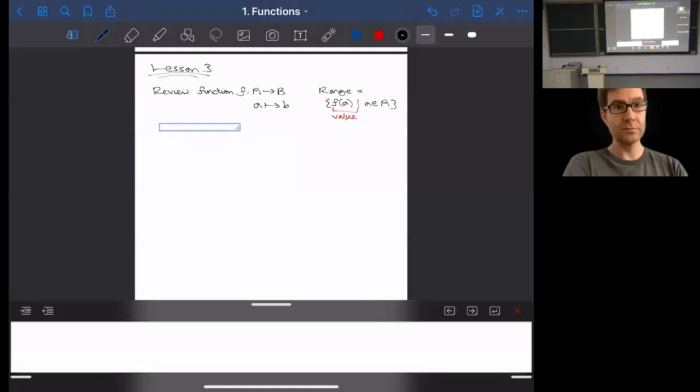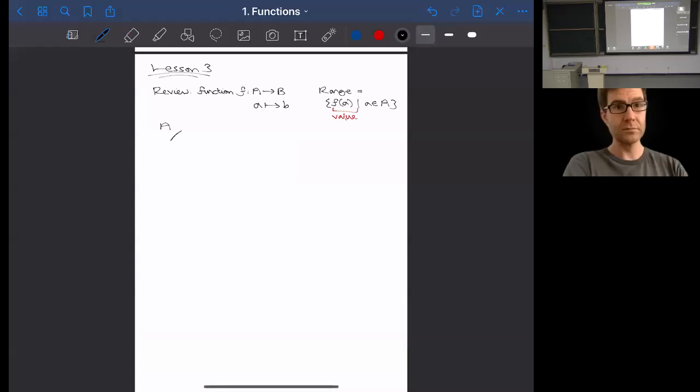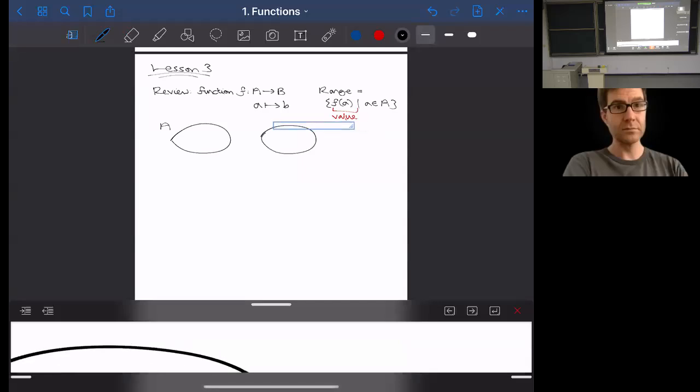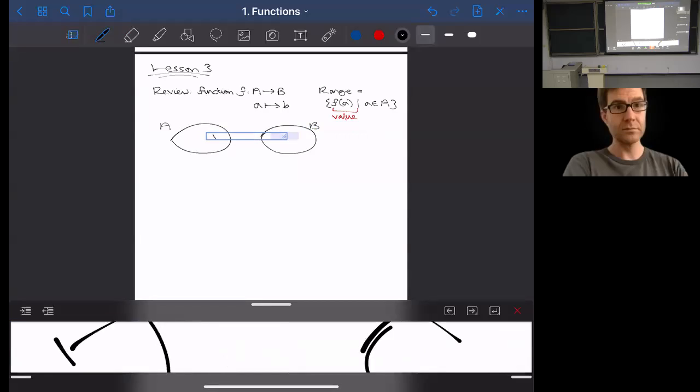Now, for some of you, this picture may be helpful. Think of the set A as this blob, and think of the set B here. The element a in this set, the element b in this set.